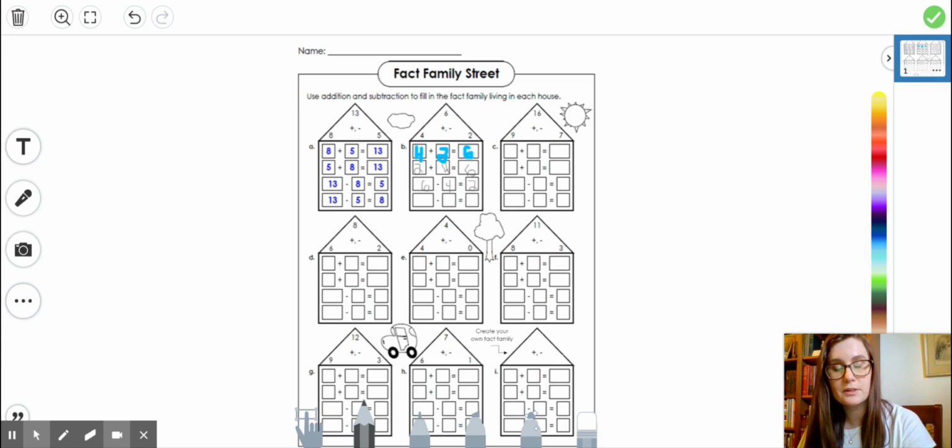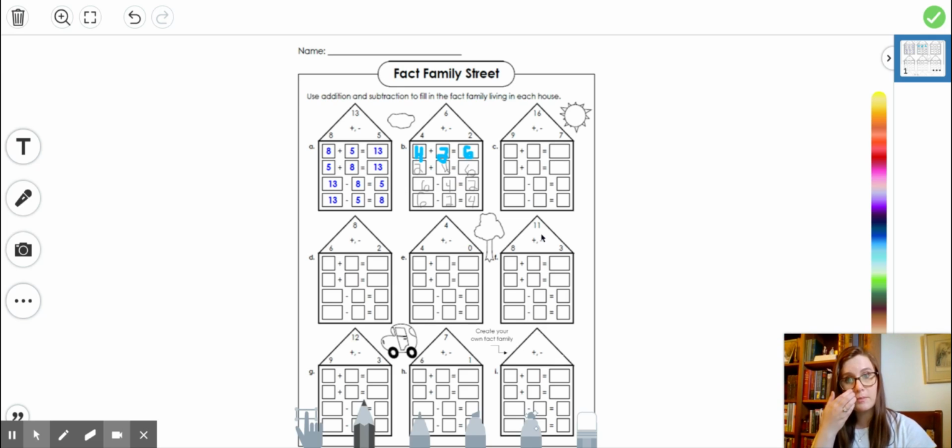And then for my last one, again, I'm starting with the whole because it's subtraction. 6 minus 2 this time is the same as 4. And then I've completed that fact family. So I'll go through and I'll do all of the families on that street.